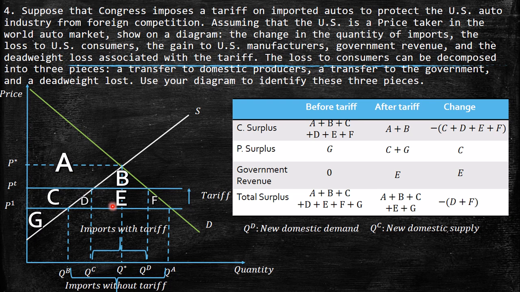The other part, this E, was before part of the consumer side, but after the tariff is no longer theirs. So this E is a transfer to the government, and D and F are the deadweight loss. So we decomposed the consumer loss in three. This is what the exercise asks for.